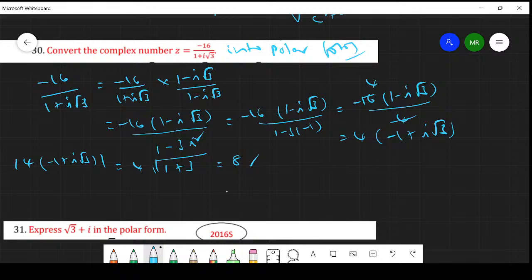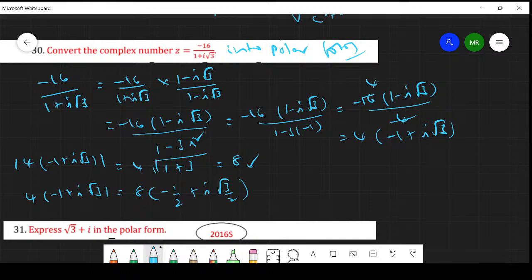But to write in polar form, this complex number I can write. Modulus is 8. So you take this complex number, 4 into minus 1 plus i root 3. But 8 is our multiplier. I can write 8 into minus 1 by 2 plus i into root 3 by 2.